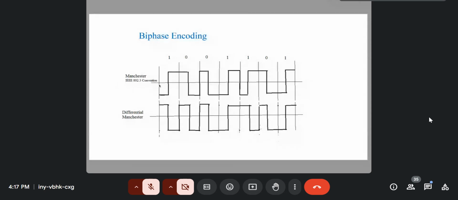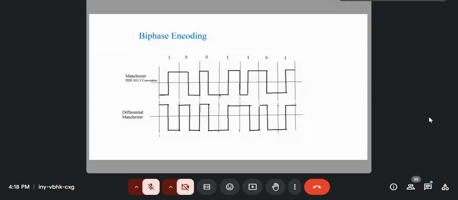In this Manchester 802.3 convention, the signal goes from negative to positive, and that transition from negative to positive represents 1. Moving from positive to negative represents 0.